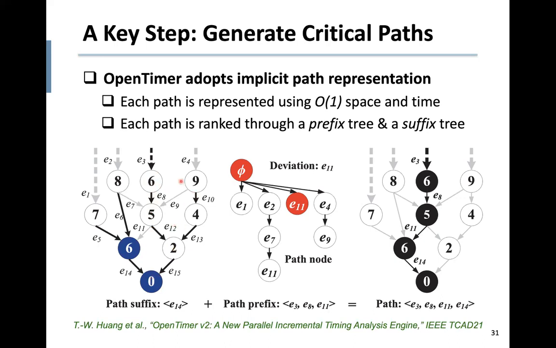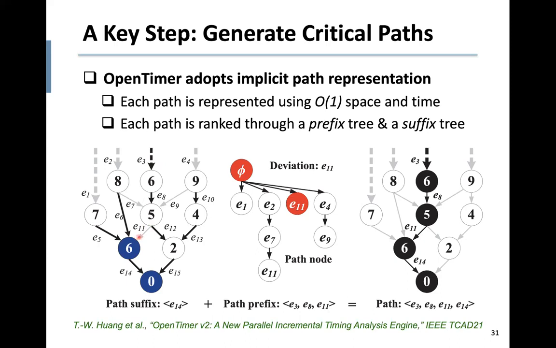With this suffix tree, if you take an edge that does not reside on the tree, for example, like E11, that does not reside on the shortest path tree, it represents a deviation. And that deviation has a cost for not taking the shortest edge, but a detour on that edge. And the cost is positive because it detours, making it not the shortest.